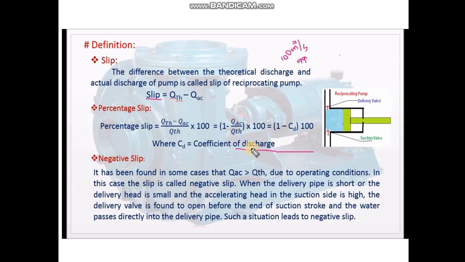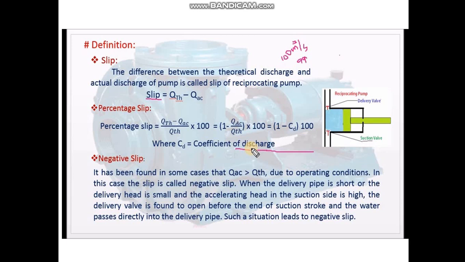And sometimes the slip of a reciprocating pump can be negative. That is, at the end of the suction stroke, as the water is forced through the suction pipe, that may open the delivery valve. So the water coming through the suction pipe is directly given to the delivery pipe.